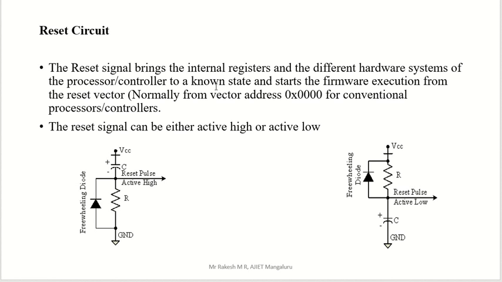When we are starting our device or kit, what is the initial position? Everything is in the zeroth state, which we can call the known state or initial state. So the reset signal will change your state to the initial state. Firmware execution from the reset vector means that, as given in the bracket, the address initially points to 0x000.